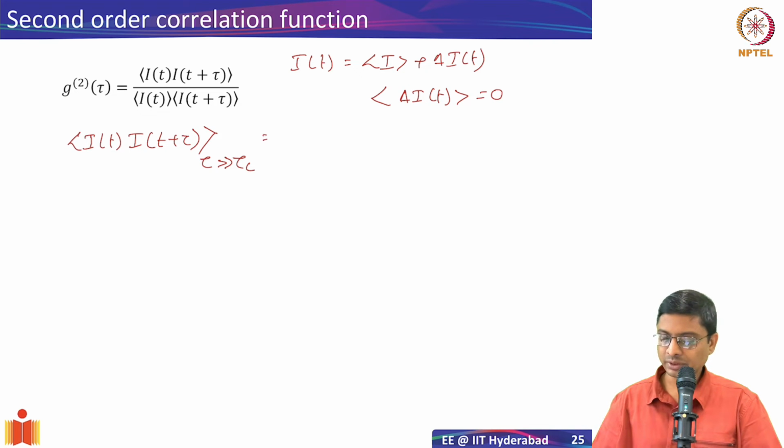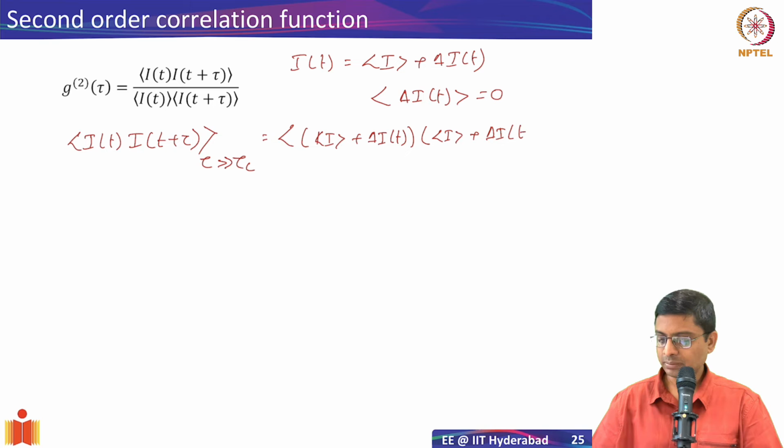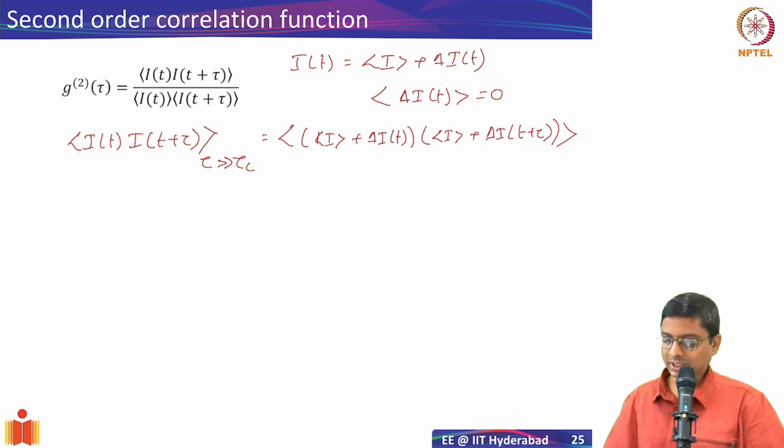Each of these, you can substitute. So this is going to be the time average of (average intensity plus delta I of t) into (average intensity plus delta I of t plus tau). This is my product, and then the whole thing is time averaged. So I can expand this.